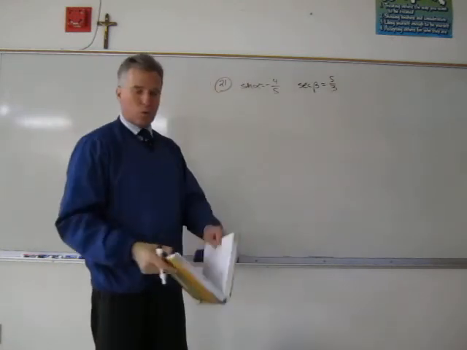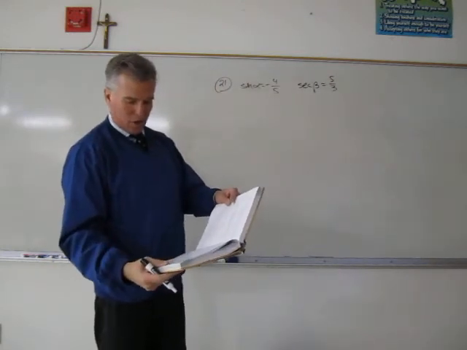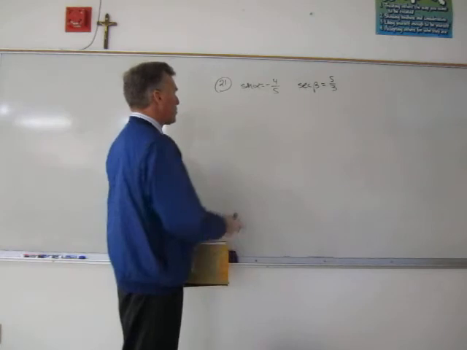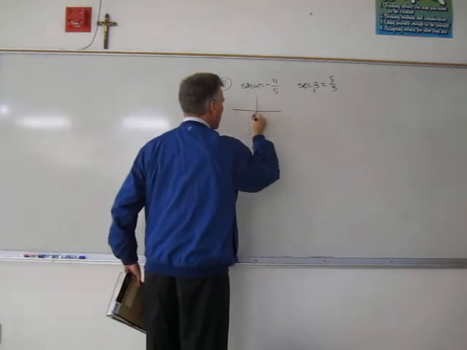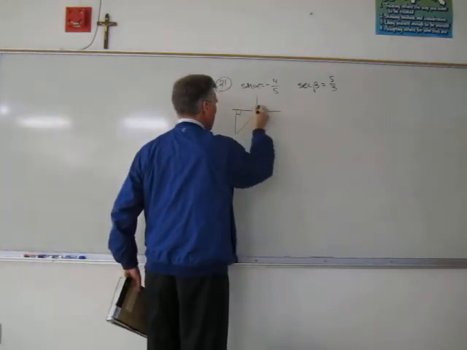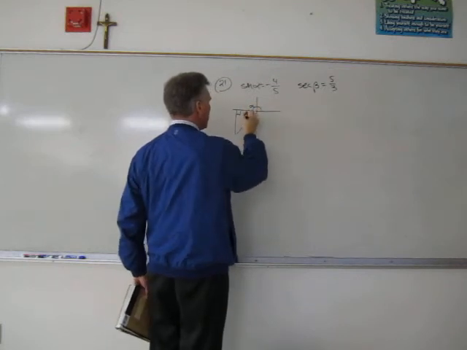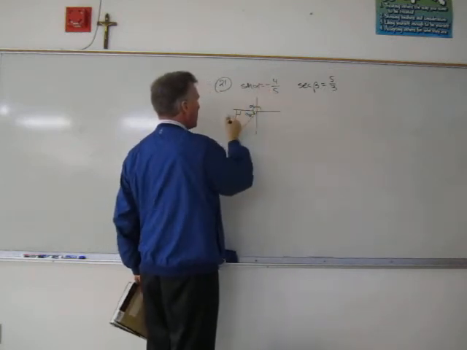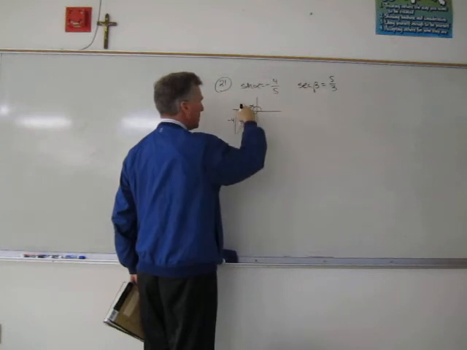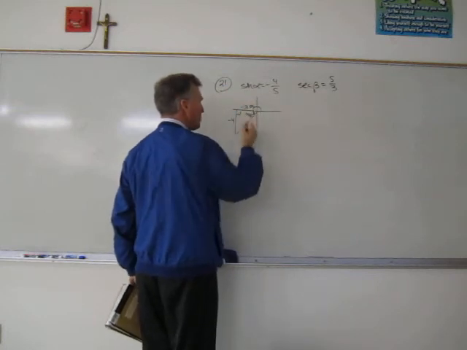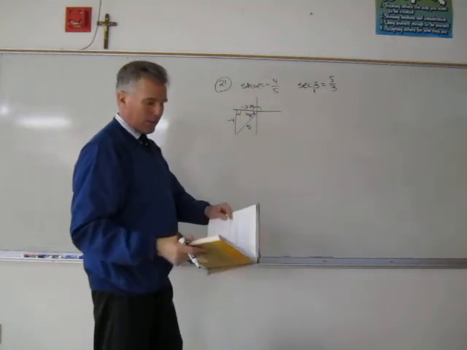And then they tell us which quadrant each of those angles is in. So alpha, quadrant 3. So for alpha, we're going to draw a triangle in quadrant 3. So there's alpha. Here's the reference angle. So negative 4 over 5. That means the third side here is 3. 3, 4, 5, common right triangle.